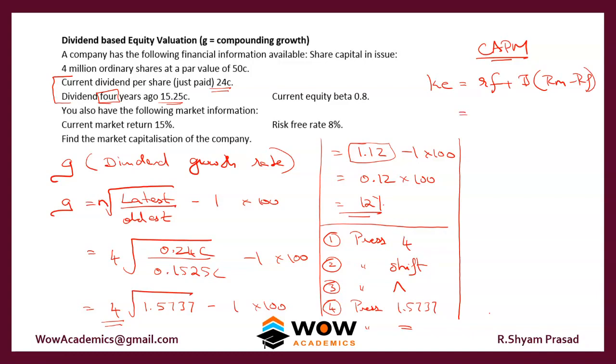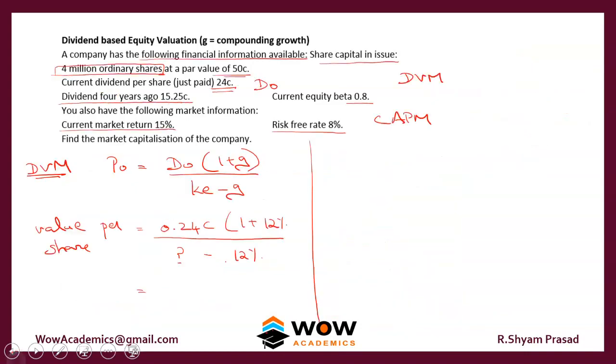So this is the formula. Our RF is 8%, our beta is 0.8, our RM is 15, and RF is again 8. So solve this, you'll get the answer. So this comes to 8 plus 5.6. We have solved it. So that comes to a total of 13.6.